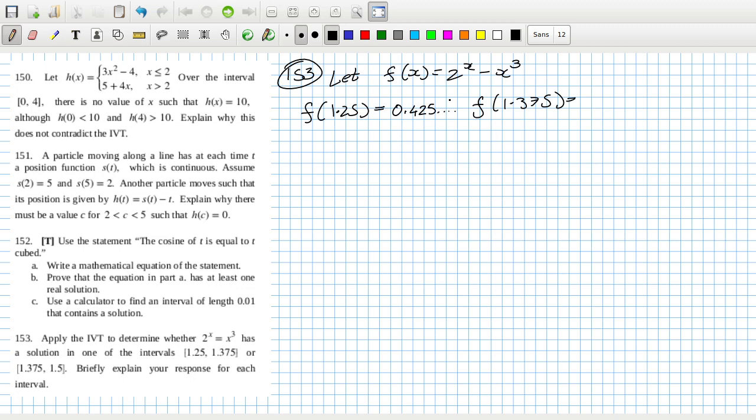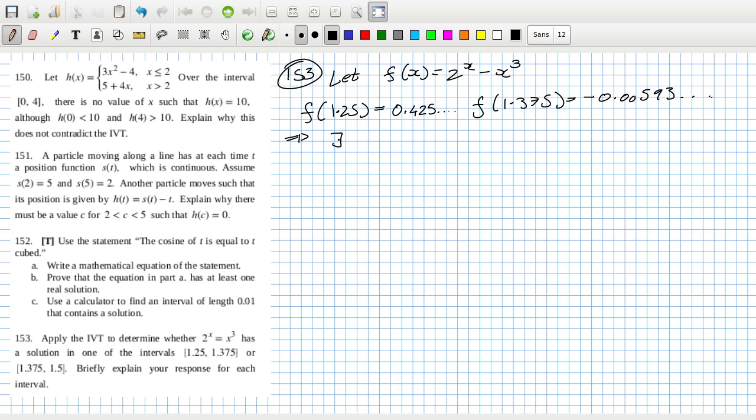And then 1.375. And that's minus 0.00593.